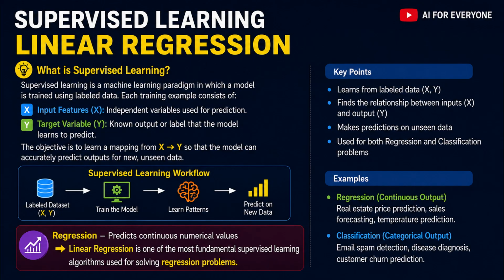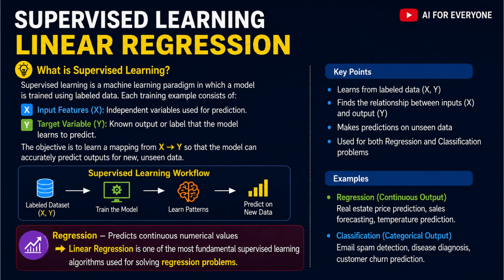So supervised learning is a machine learning paradigm in which a model is trained using labeled data. So each training example consists of input features which are called independent variables and the target variable which we want to predict. So we want to find a mapping between x and y, and so it learns from labeled data.